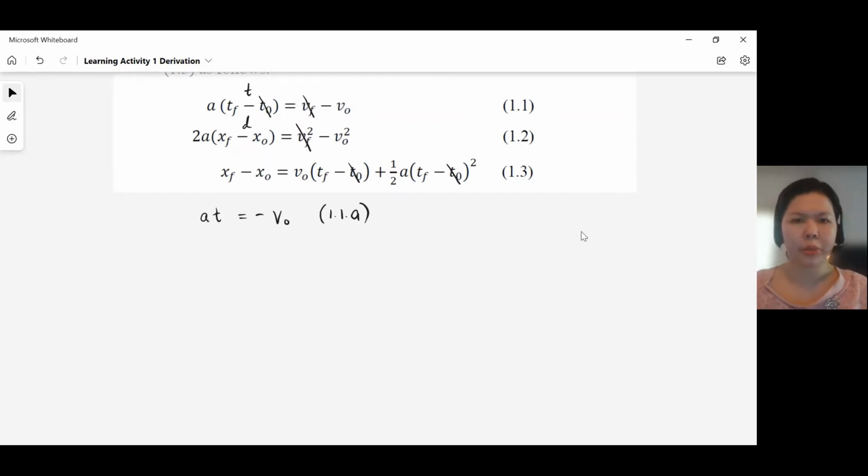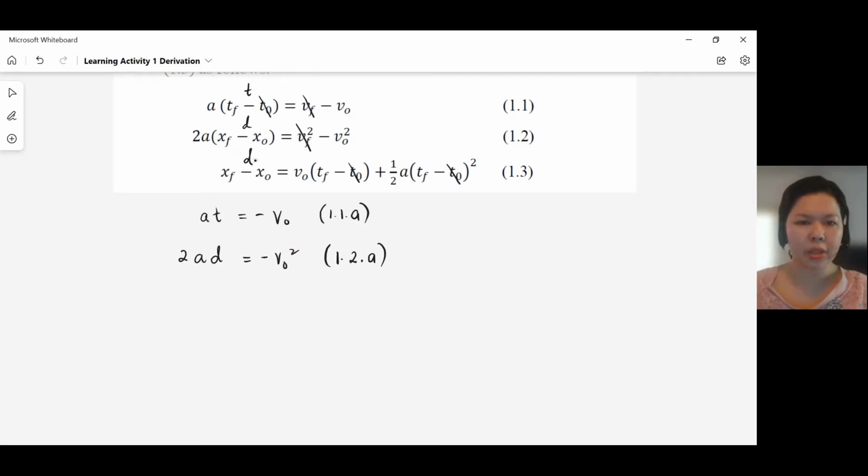And equation 1.2 will become 2AD equals negative V naught squared. This will be 1.2.A.